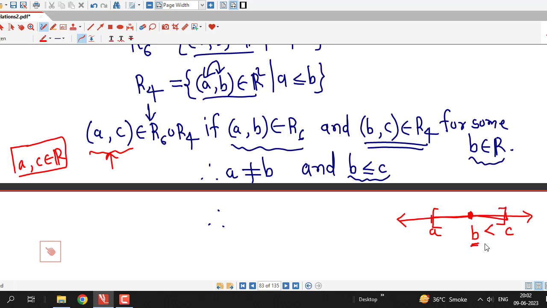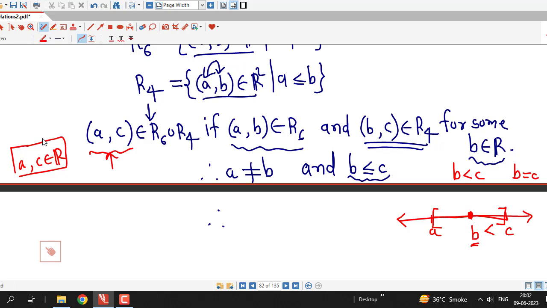If I take b equal to c, then this condition is satisfied. If I consider b different from c, then I will have b less than c, and if I take b equal to c, then I have equality.